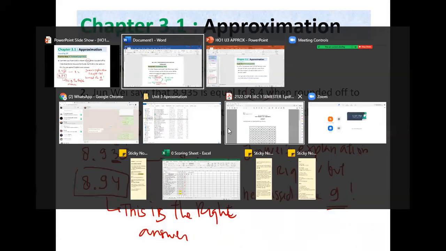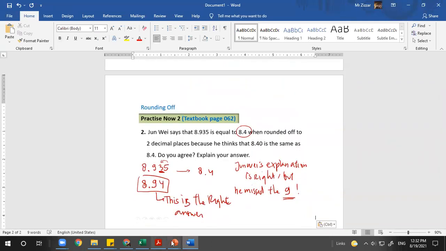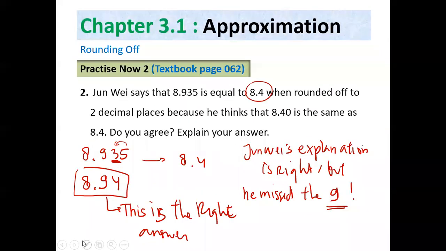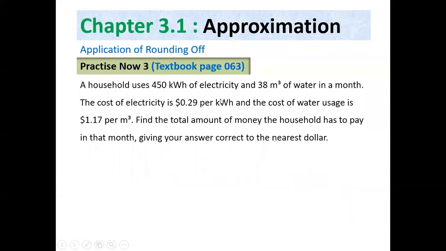Then, okay, I will copy again. Next. See? Now, a household uses, okay, there you go. So now we try to do the word problems. Uses 450 kilowatt hour. kWh is kilowatt hour.